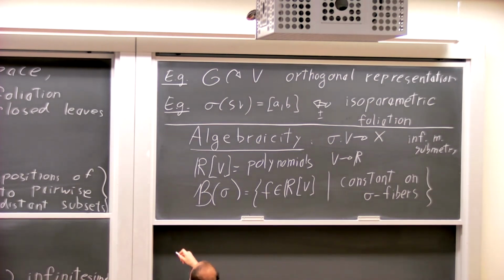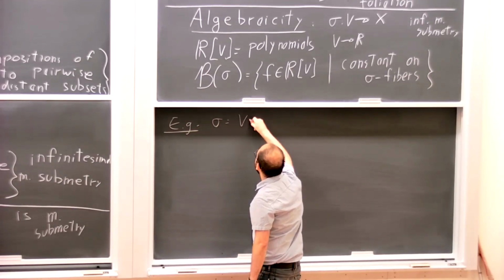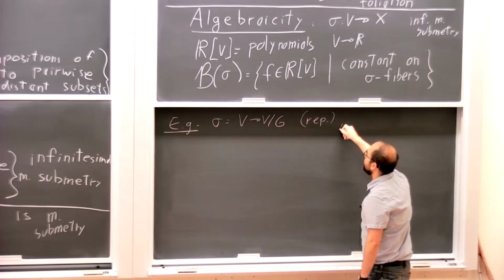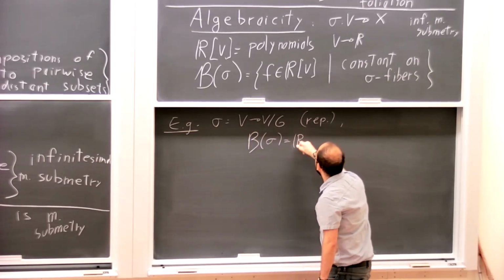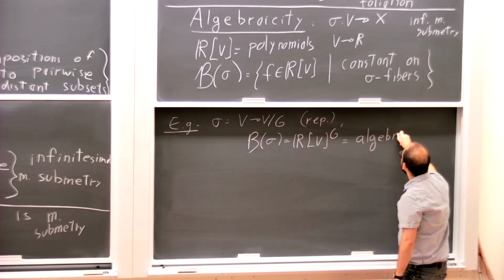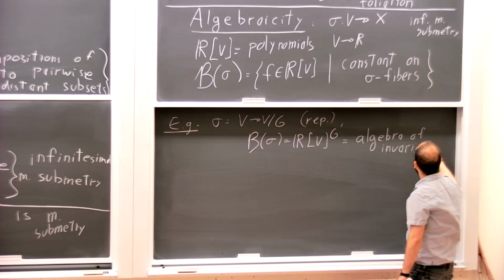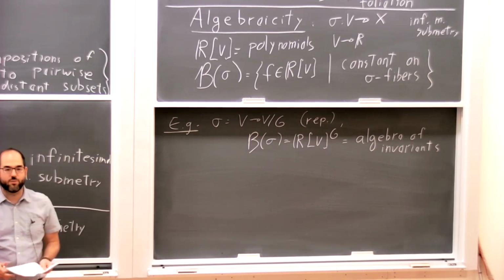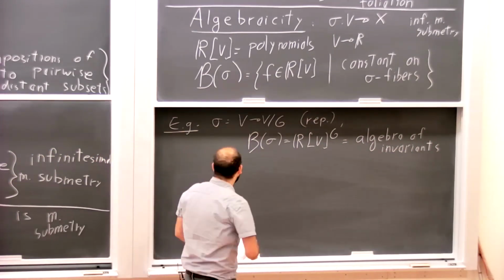So as an example, if sigma is given as a map for a representation, then this is the algebra of invariants. This has a rich history, of course. There was a lot of activity in the 19th century, and it's still pretty active.